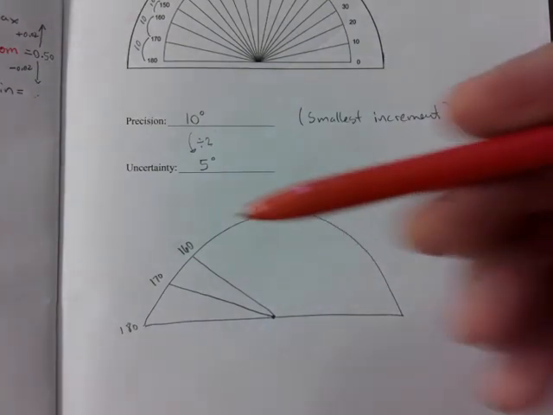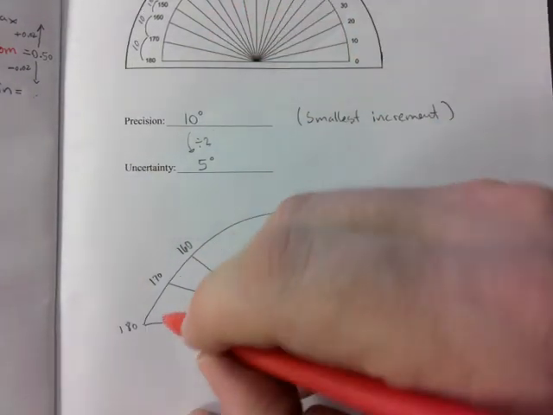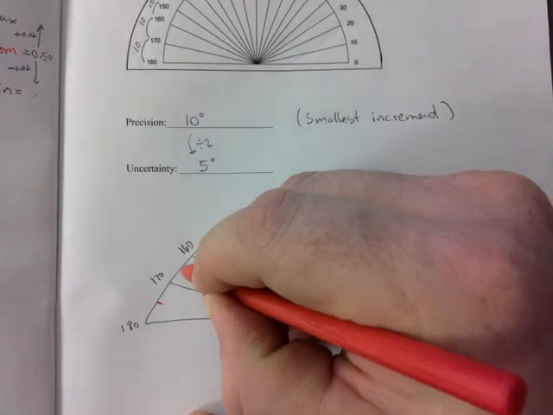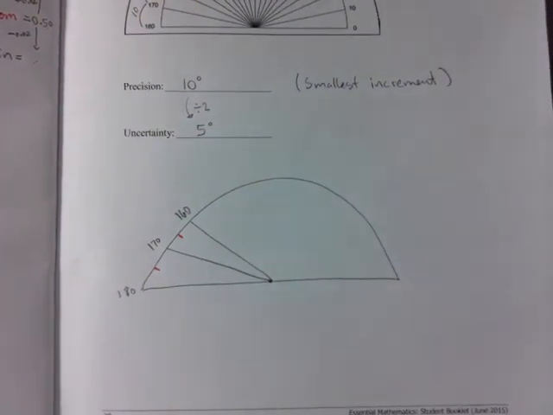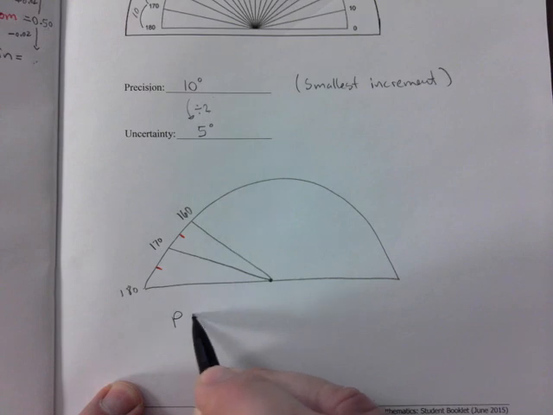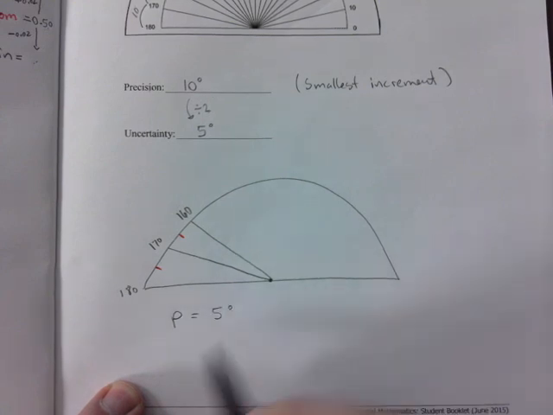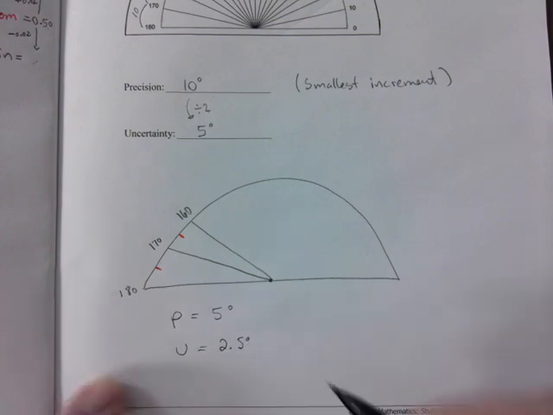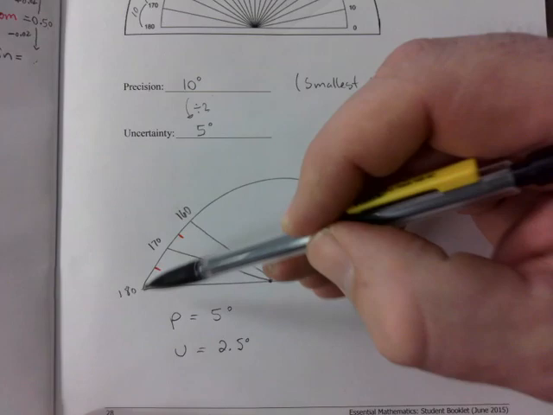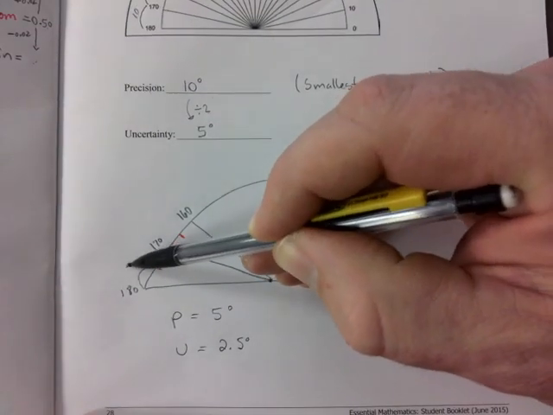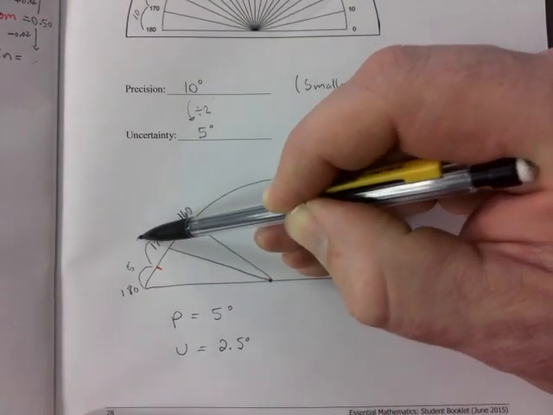But if whoever made this question had done this, what's the precision now? Precision is 5 degrees. Your uncertainty would be 2.5 degrees. And that's because from one to the other, it's a 5 change.